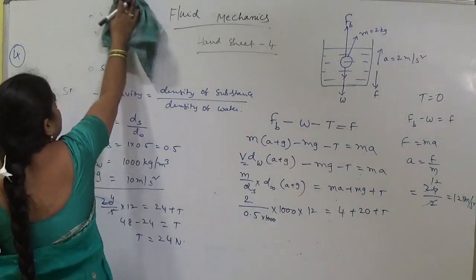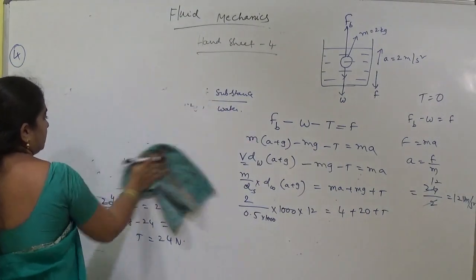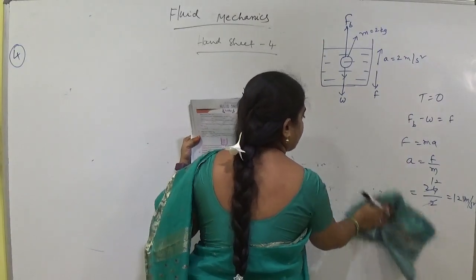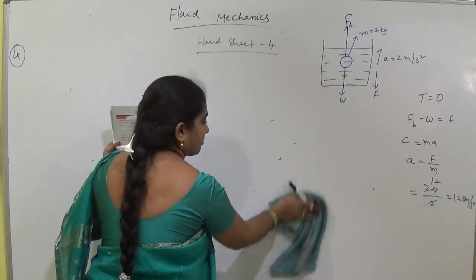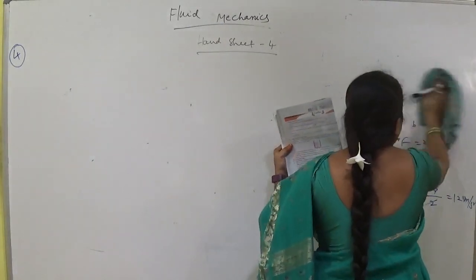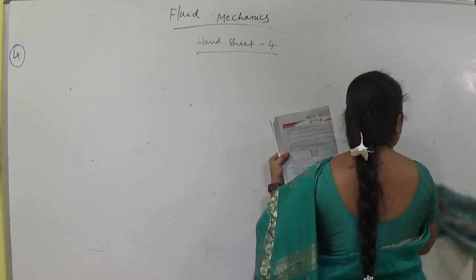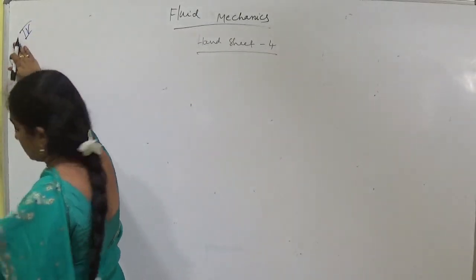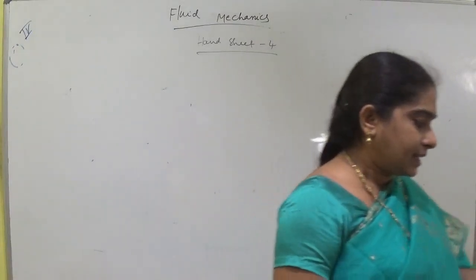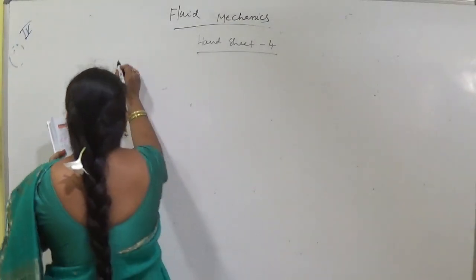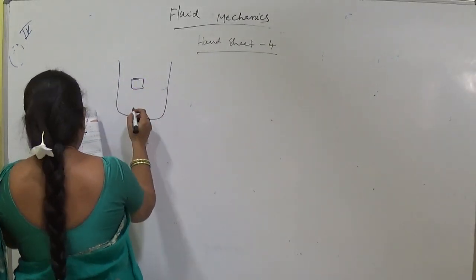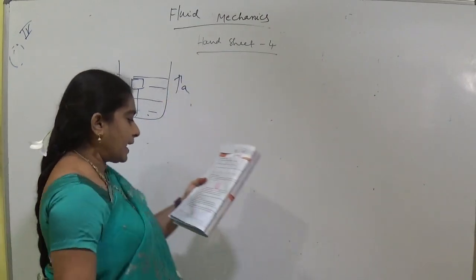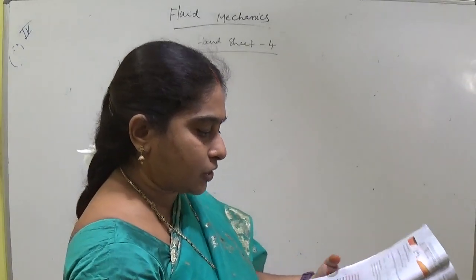Comprehension. Fourth comprehension. A block of mass 1 kg and density 0.8 gram per centimeter cube is held stationary with the help of a string as shown in the figure.